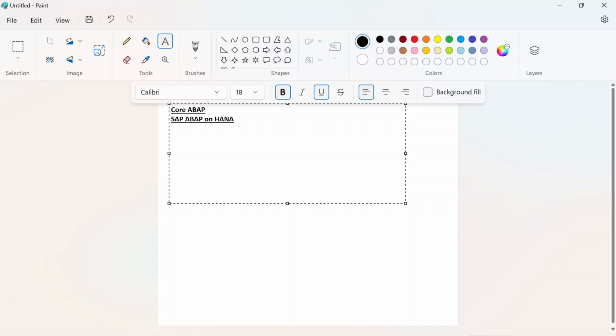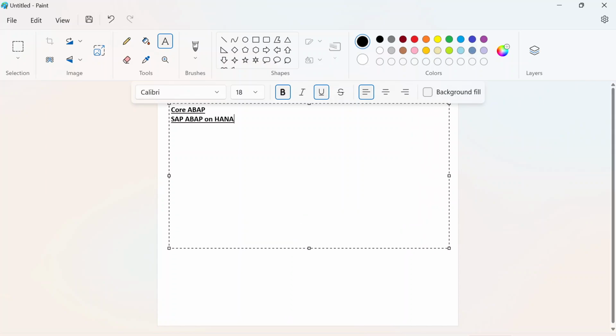It is advanced ABAP and it is mandatory in all implementation projects at present, right? Even in interviews, everyone is asking about ABAP on HANA. I'll explain what is HANA and how we are going to apply ABAP programming on HANA. HANA is just a database.